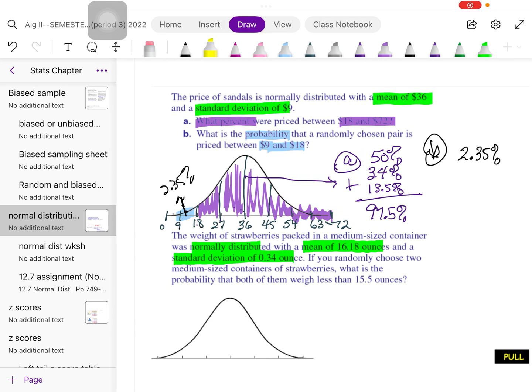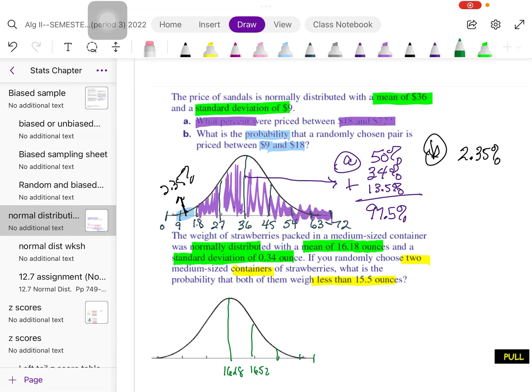This time it says if you randomly choose 2 containers, what's the probability both will lie less than 15.5? So let's first get our numbers on here. My mean was at 16.18. So add 0.34 to get to my first, second, third, and fourth deviation.